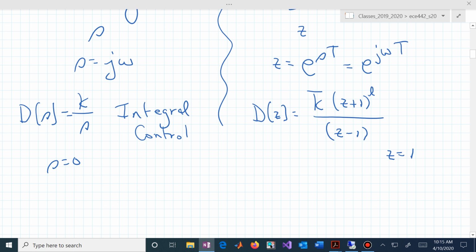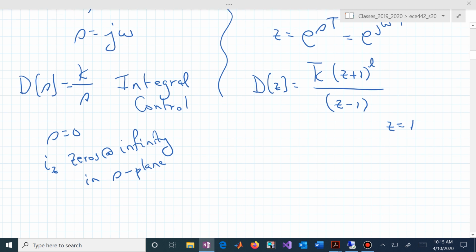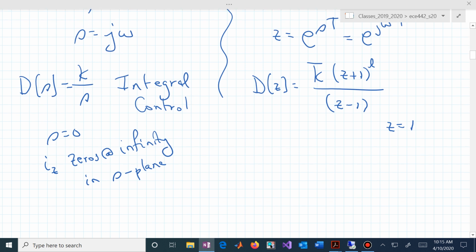And if we said that our zeros at infinity in the S plane are I sub z, then our default in this class is to say, let L equal I sub z.